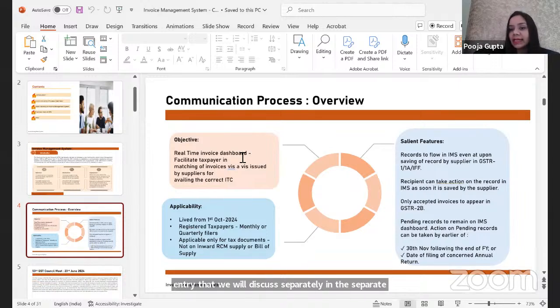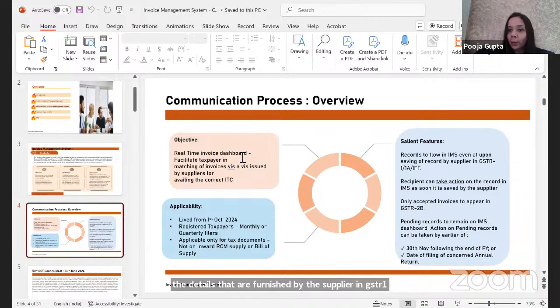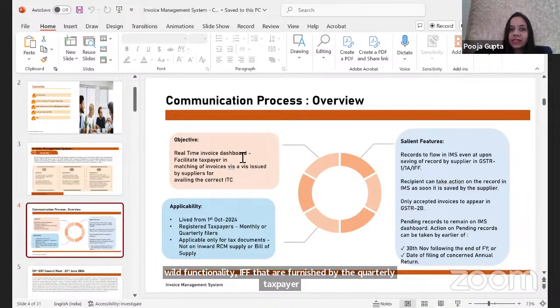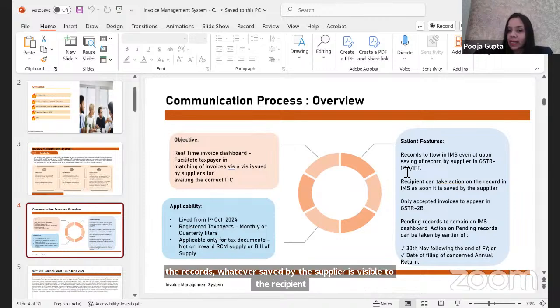Right. What are the salient features? The details furnished by the supplier in GSTR-1, GSTR-1A, and the invoice furnishing facility IFF by quarterly taxpayers are visible to the recipient as soon as they are saved by the supplier.